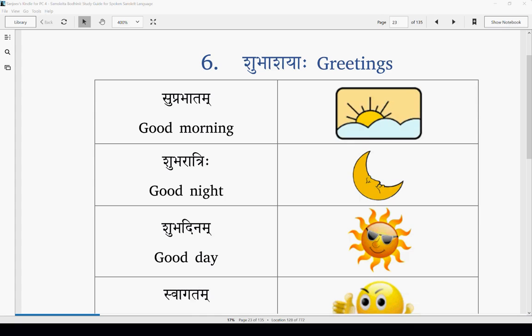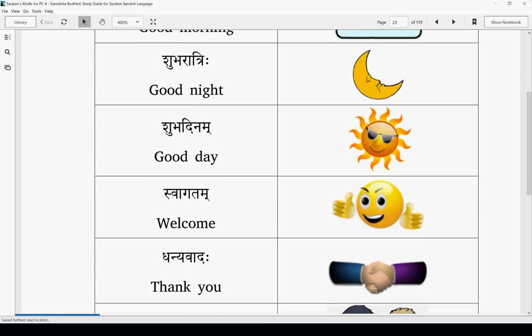Somebody can also read this, no problem. Mangala Bhagini. Suprabhatam, good morning. Shubharatrihi, good night. Shubhadinam, good day. Swagatam, welcome.